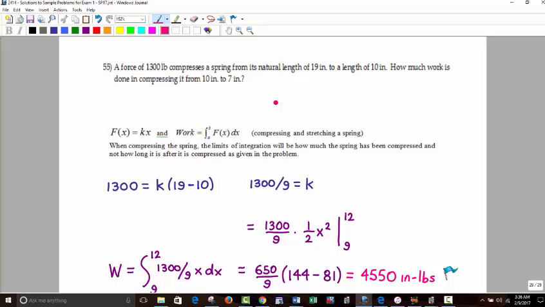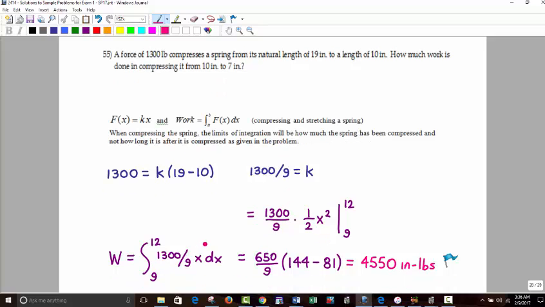If it's 19 inches total, and you're at the 10-inch mark, that means you've moved it in 9. So that's the lower limit, 9. Then when you've compressed it to where the entire length of the spring is 7 inches, you've compressed it inward 12.